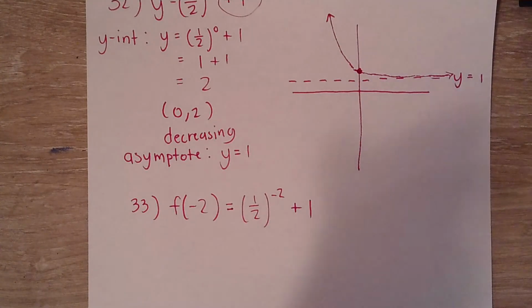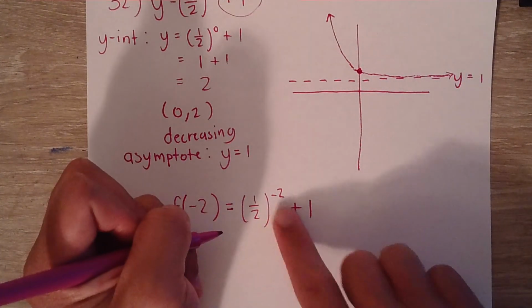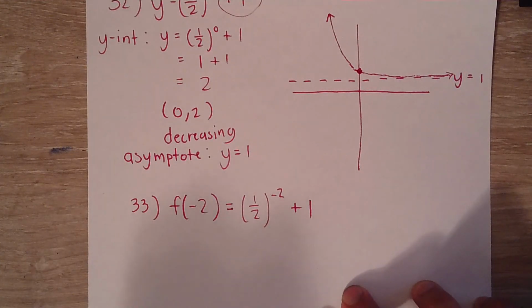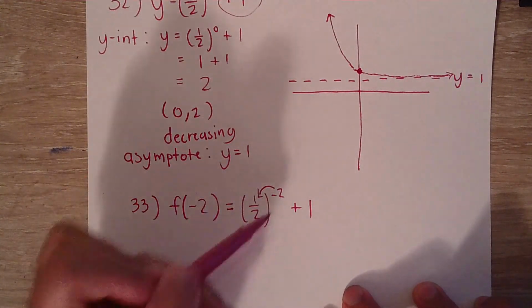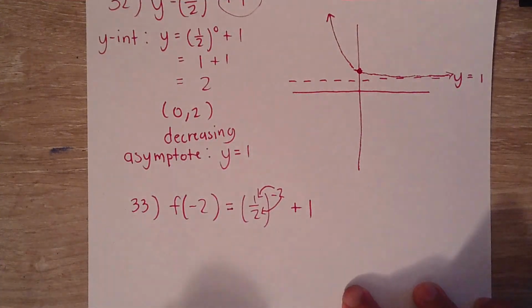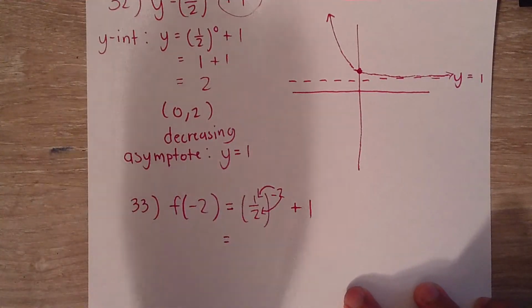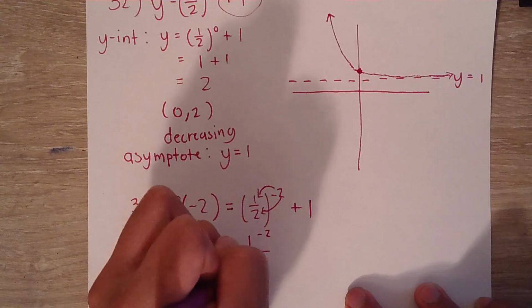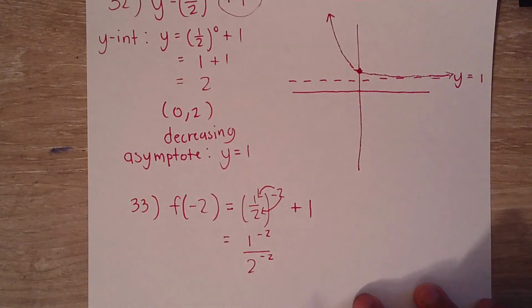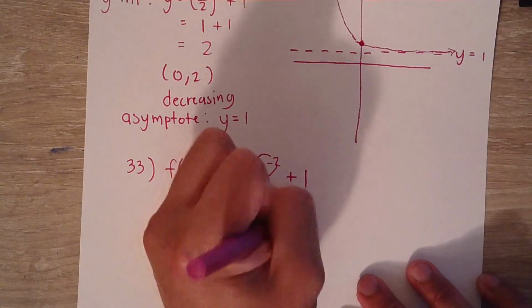Then we use our exponent rules. We have a negative exponent. It's easier to think of it this way: we distribute that to there, and we distribute that to there. So we get 1 to the -2 power over 2 to the -2 power. And then we still have a plus 1.